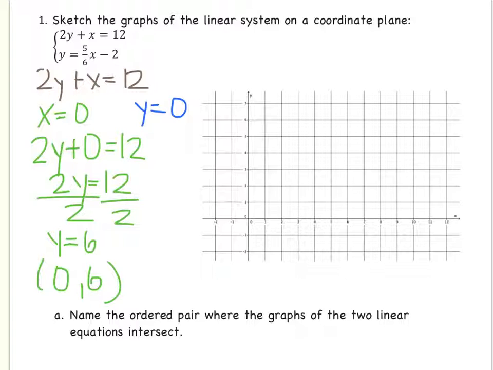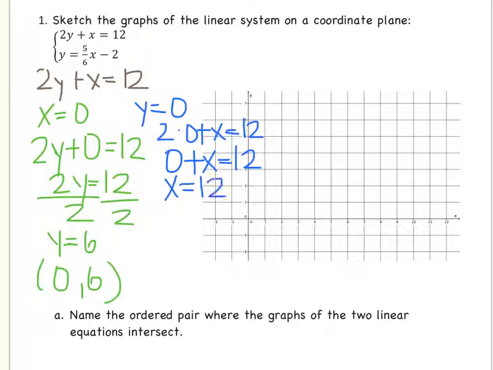So now, when my y is equal to 0, it's 2 times 0 plus x equals 12. And 2 times 0 is 0, plus x equals 12. Again, that plus 0 vanishes, and I'm left with x equals 12. So that ordered pair would be (12, 0).